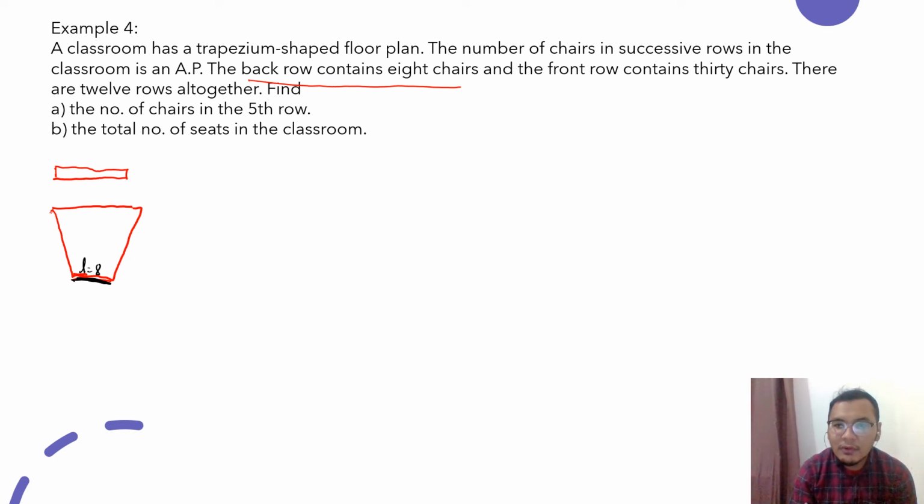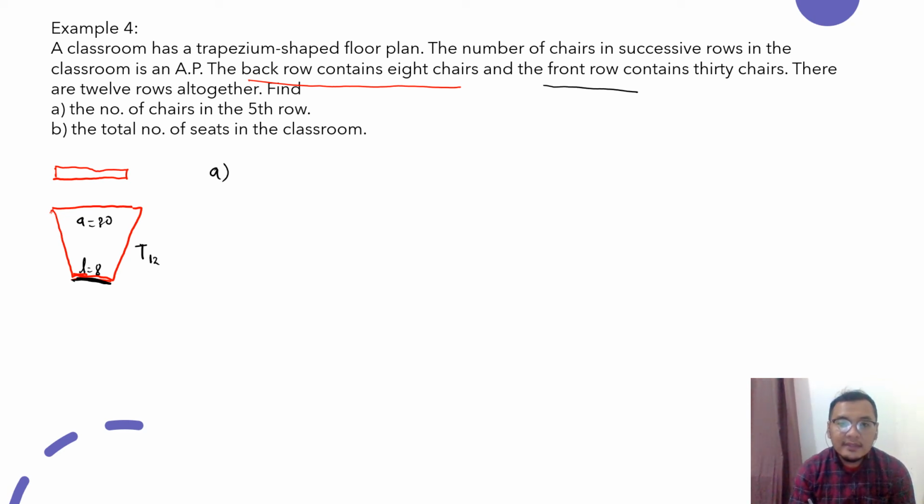The front row contains 30 chairs, which is A equal to 30. There are 12 rows altogether, so the number of rows in this trapezium-shaped floor plan is 12.